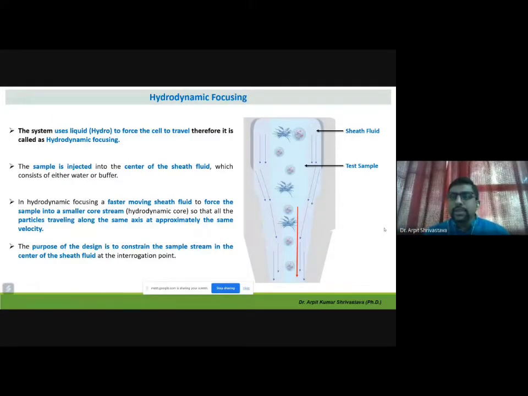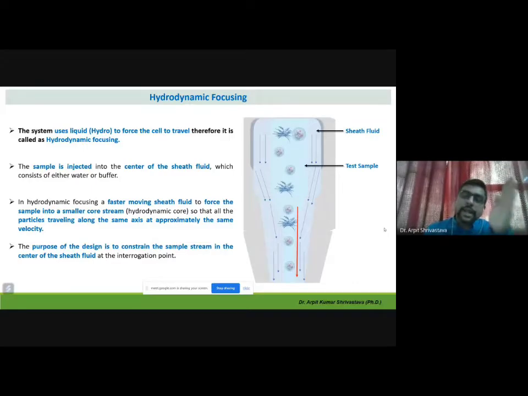If the sheath fluid has a higher rate of flow, the internal test sample will be run through this sheath fluid. The sample is injected into the center of the sheath fluid, which consists of either water or buffer. The cells come onto the same axis and run at approximately the same velocity.